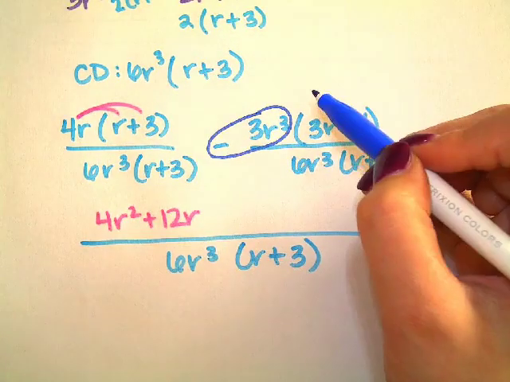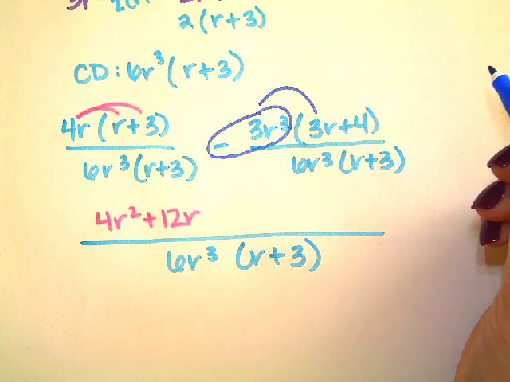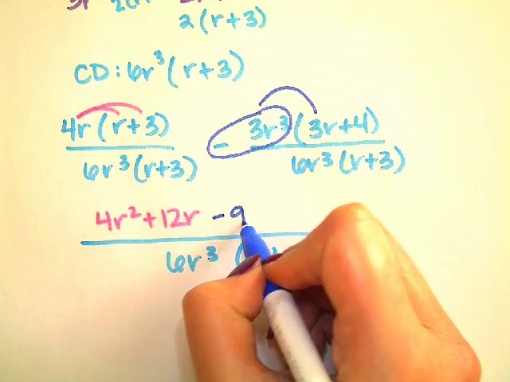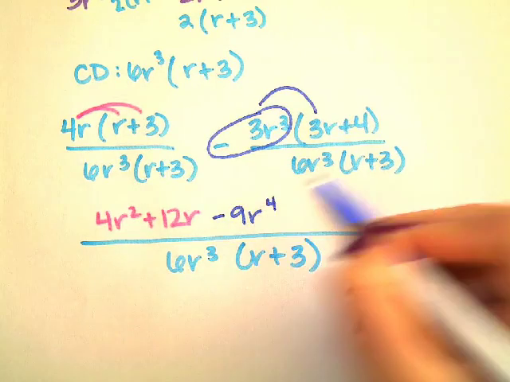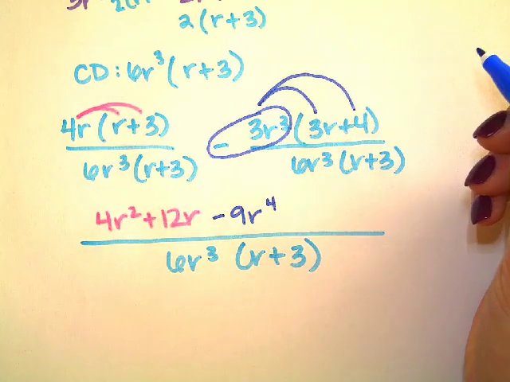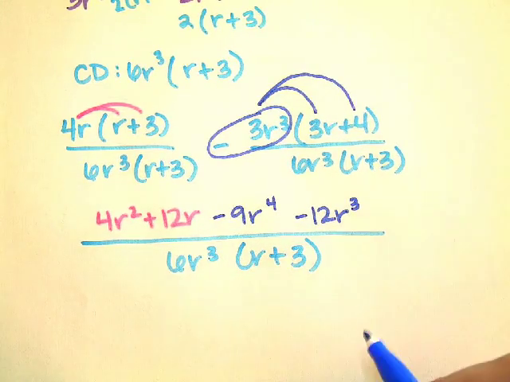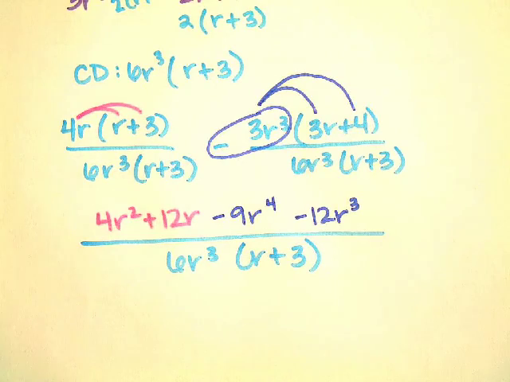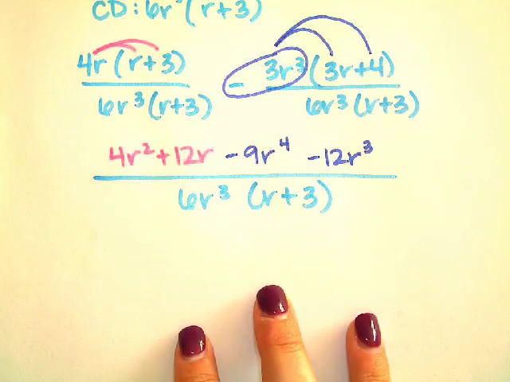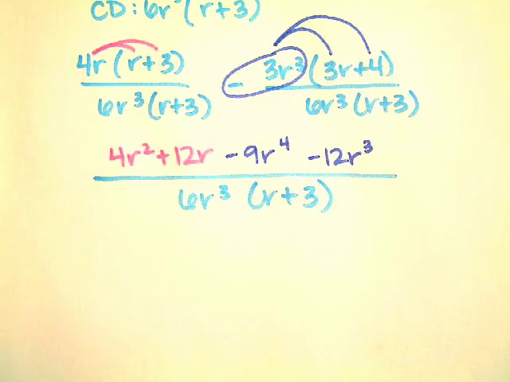And if I have a negative 3r cubed being multiplied by 3r, what do I get? To the 4th, okay. And then negative 3r cubed times positive 4. Negative 12r cubed. Okay. We can put it in order. All right.